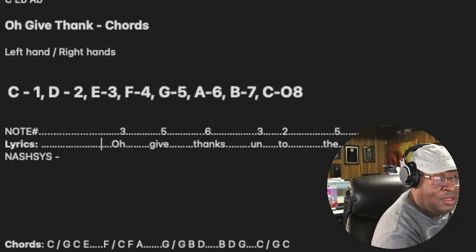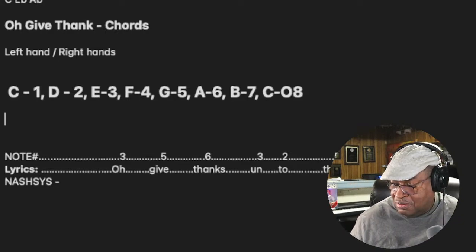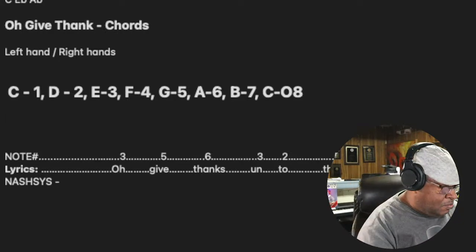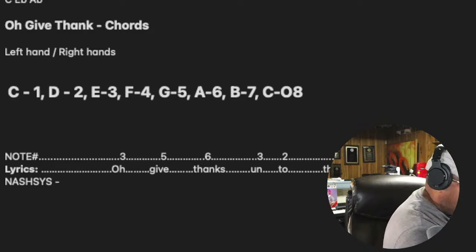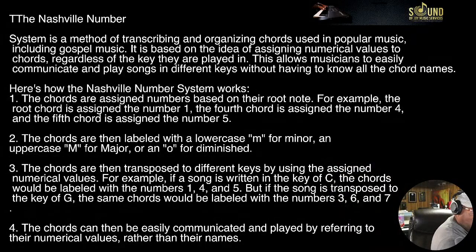Okay. So the next legend we're going to have is the chord system. Who's in the 1? The 1 is going to be the root: C, E, G.